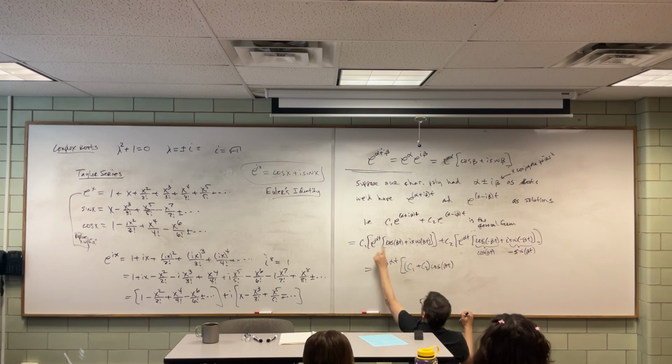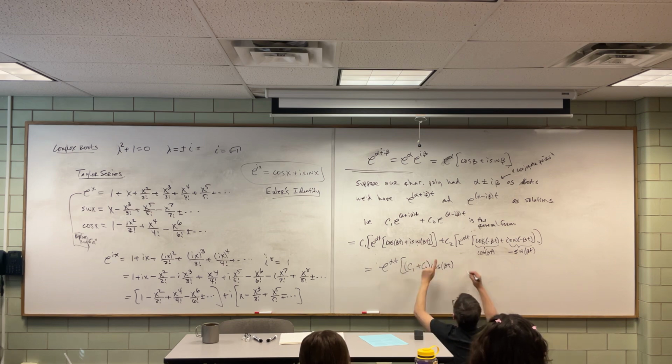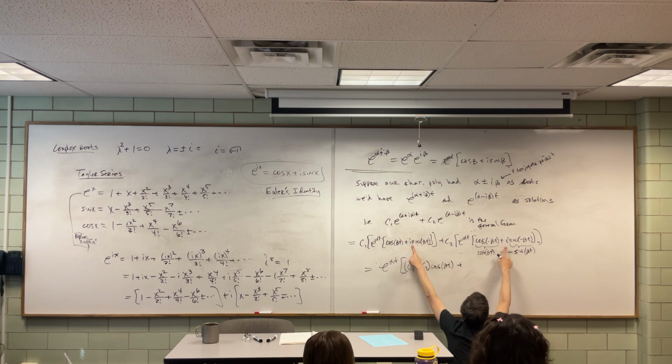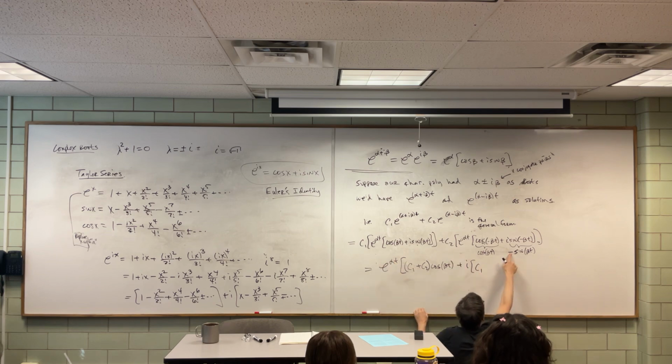That's just the algebra, that times that plus that times that. And I've already got the e out in front. But then I've also got this sine stuff, so this is going to be a little bit weird, but not too weird. Notice I have i sine here and i sine here. So I've got i times c1 minus c2, because of that minus we pulled out, times sine of beta t.